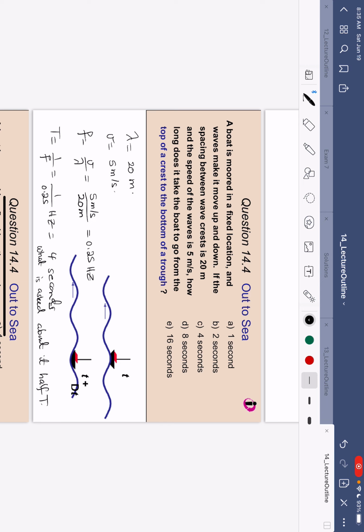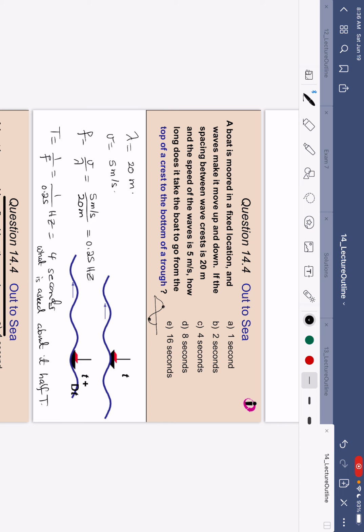Now, a boat is moored in a fixed location and waves make it move up and down. If the spacing between wave crests is 20 meters and the speed of the waves is 5 meters per second, how long does it take the boat to go from the top of a crest to the bottom of a trough? Here we are not looking at the whole period. We are looking at just half of it.